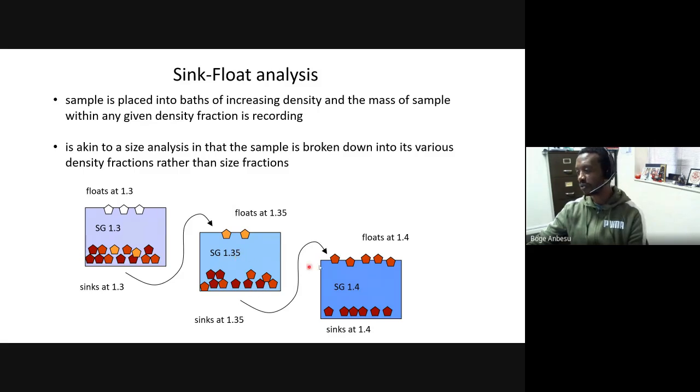So again, particles with density between 1.35 and 1.4 will float here. And this process continues. I have media of 1.45, continue the process. I prepare media with 1.6 and so on, and the process continues until I'm happy with what I'm doing.